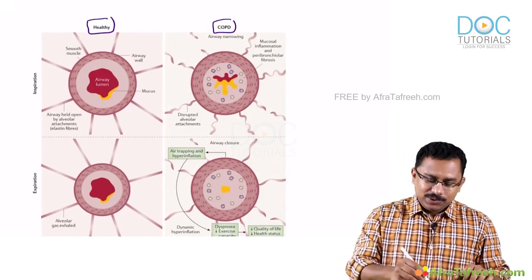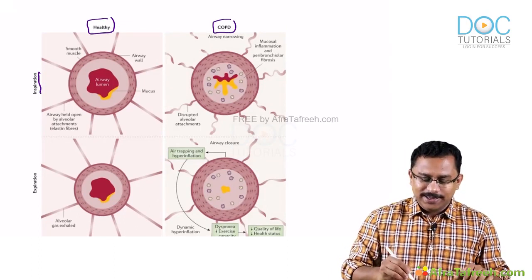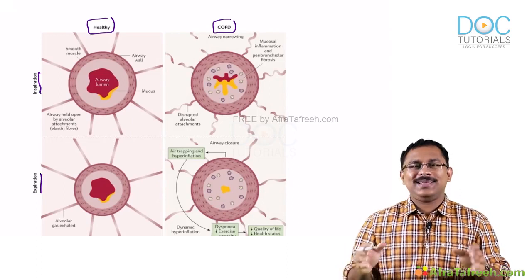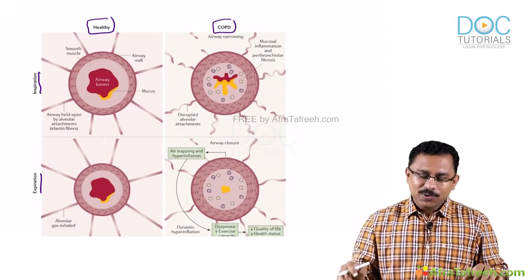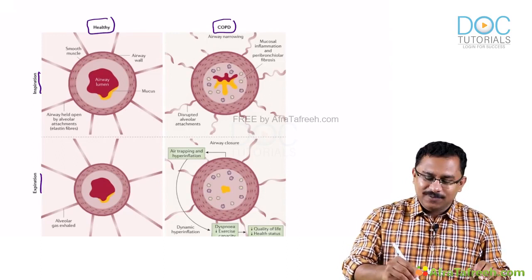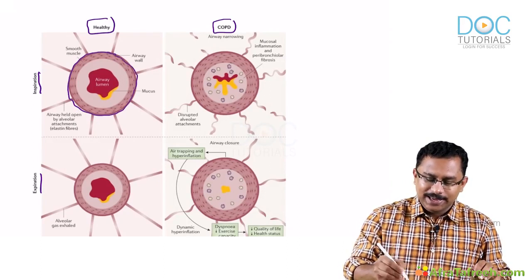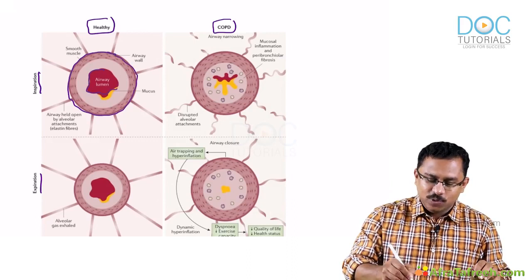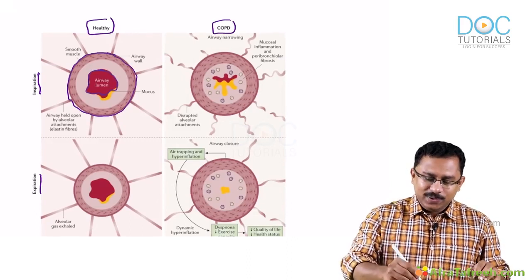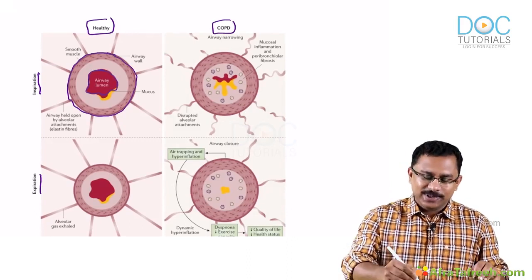The upper two are the inspiration and the lower two are the expiration part. Now you can see this is the alveoli, and this is the lumen, correct? And you can see the smooth muscles in the lumen as well.